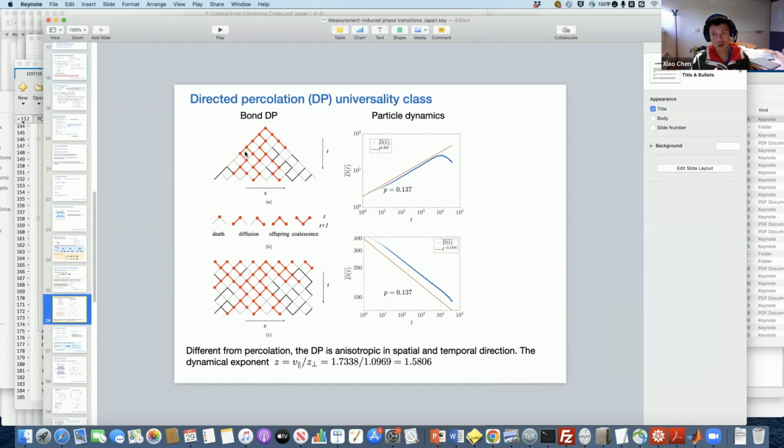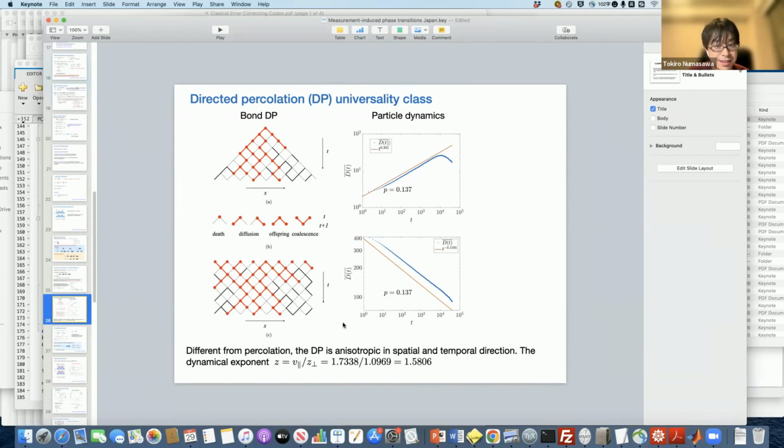In 2D percolation, these clusters are isotropic, and that's why they could have conformal symmetry. But over here, it's anisotropic. There's no conformal symmetry in this case, although it's critical.